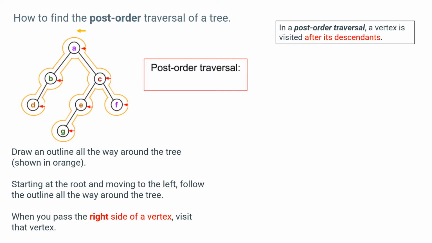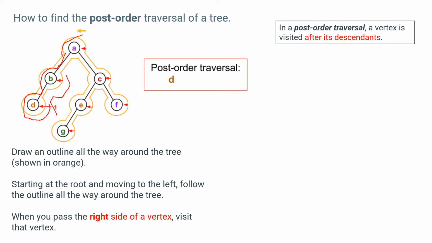When we pass the right side of the vertex, we will say that we're visiting it. So I start along here, and notice I'm not to the right of A, so I don't visit A yet. And I don't visit B. Now, I'm finally to the right of D, so I would say that I'm going to visit D.